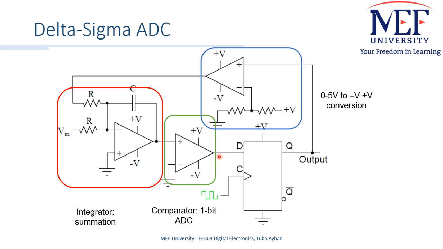At the end we will be looking at the difference between the previous value and the current value, and then we are summing up the output to get the binary out.